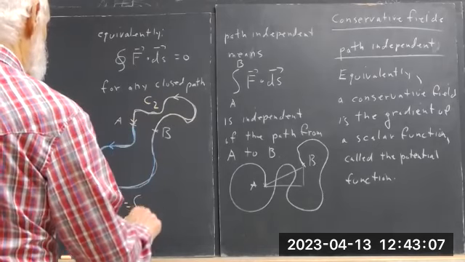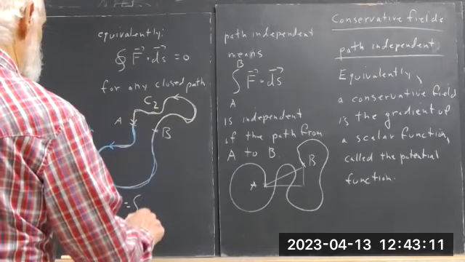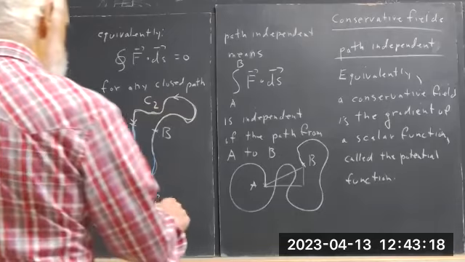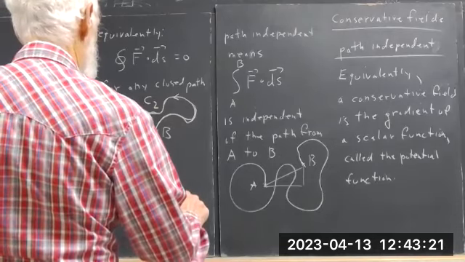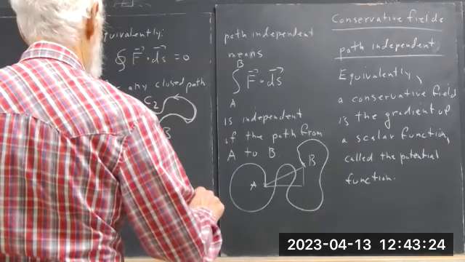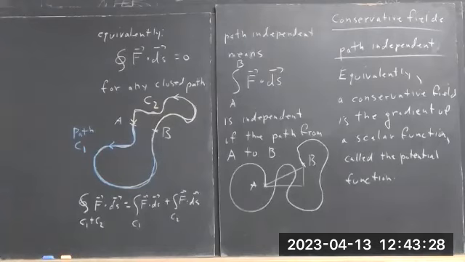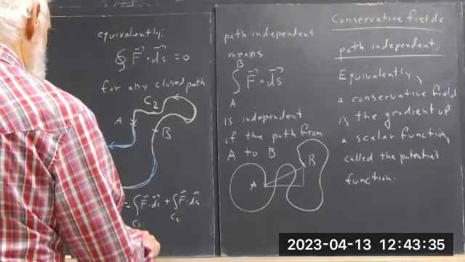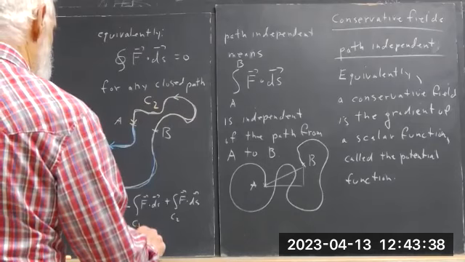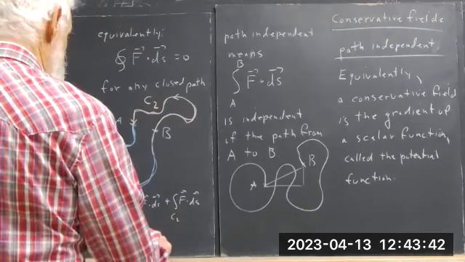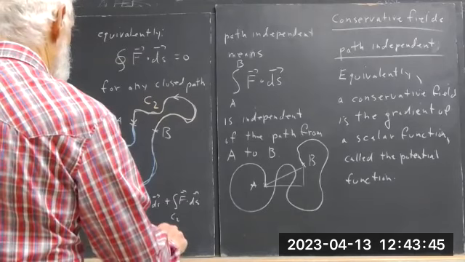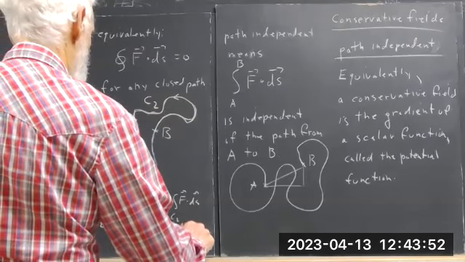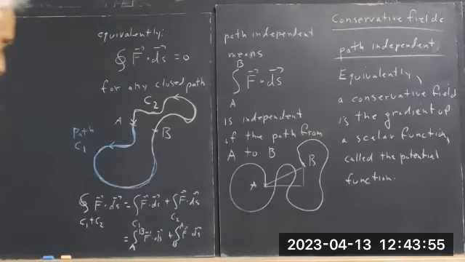That equals the integral along path C1 plus the integral over C2 of F dot ds, which in a sense equals the integral from A to B of F dot ds plus an integral from B to A of F dot ds.